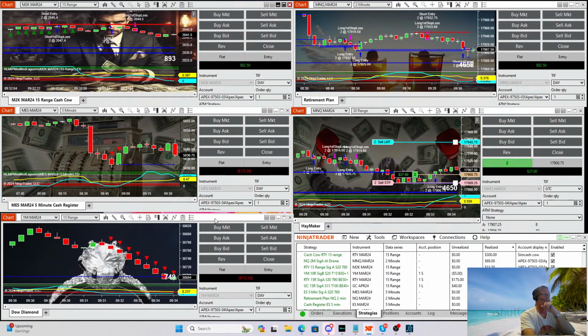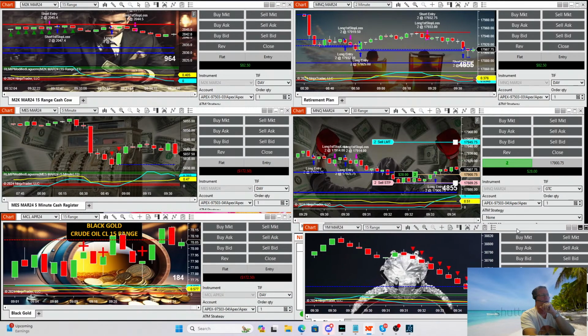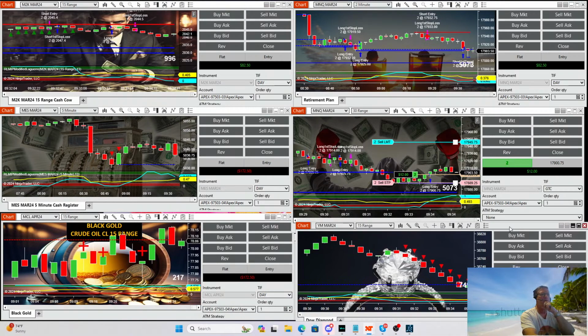Behind the strategy screen, black gold. I think you're referring to black gold.